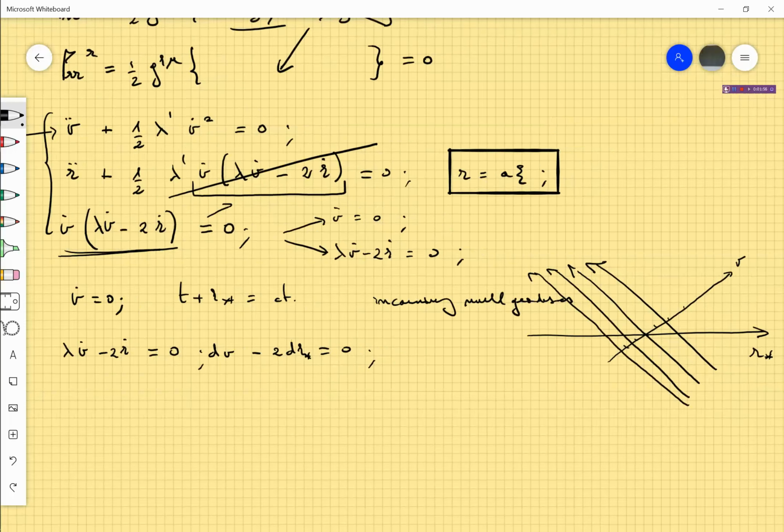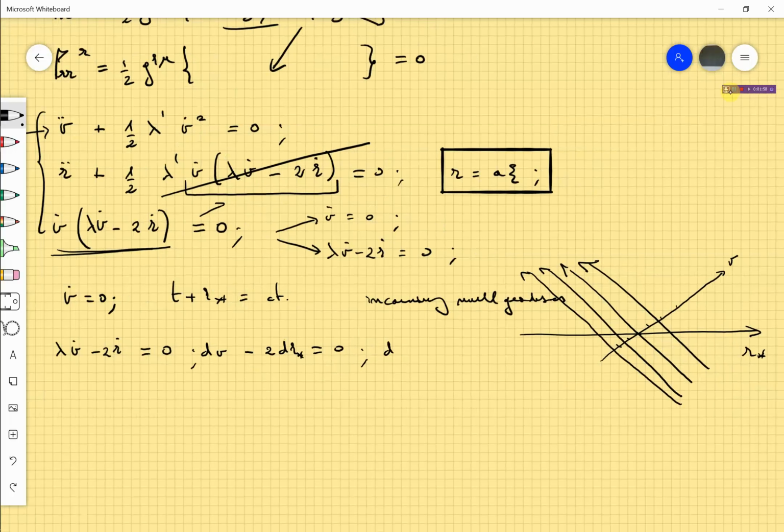So if dv is dt plus dr star, then with minus 2 dr star equal to 0, what you have is t minus r star equal to constant, and these are the outgoing null geodesics.